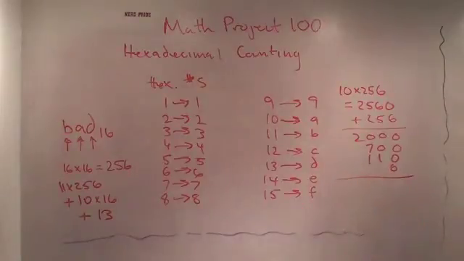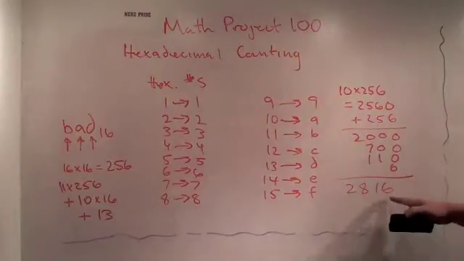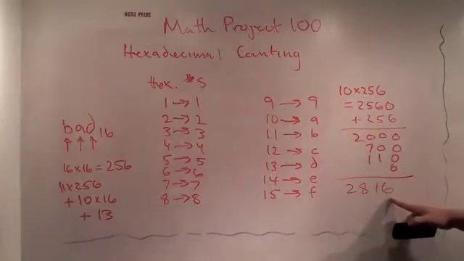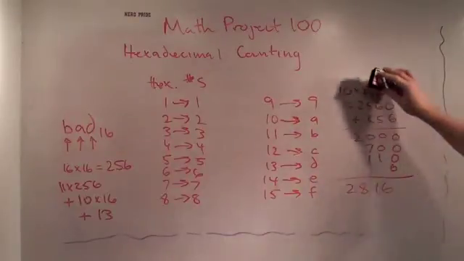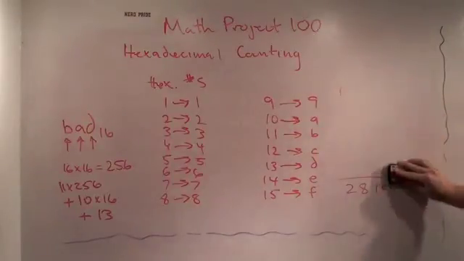And what's that? 2,816. That's 11 times 256.